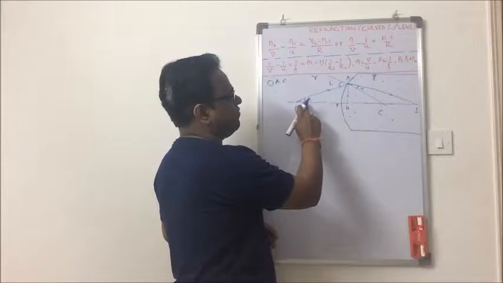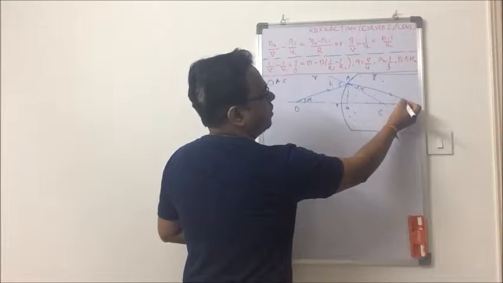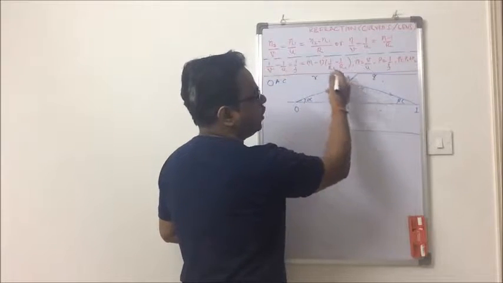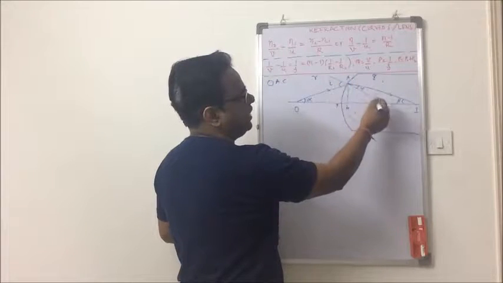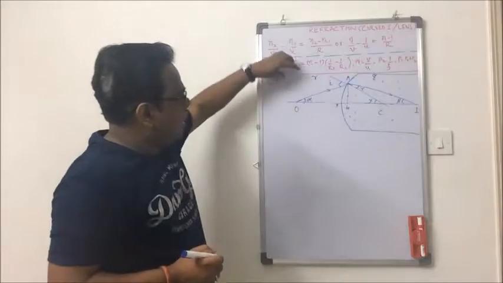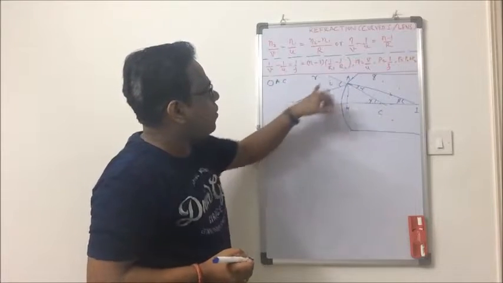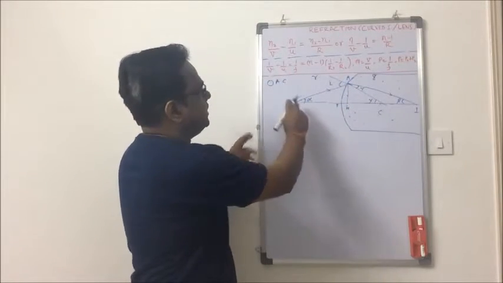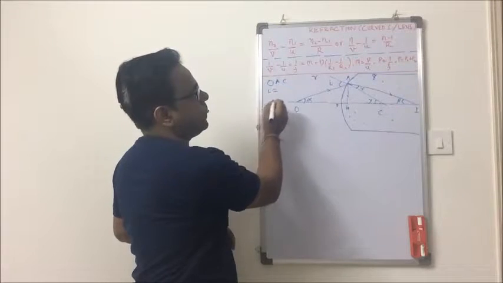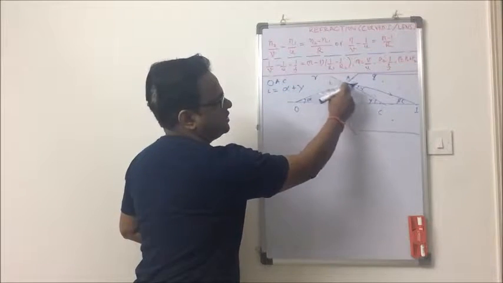Alpha is the angle which is being formed from the object, right? This is going to be beta for the image, and this one, which is a normal at point A going through C, is gamma. Okay, so I would be the exterior angle of triangle OAC, which says I equal to alpha plus gamma, because it would be the sum of these two angles. It is an exterior angle.